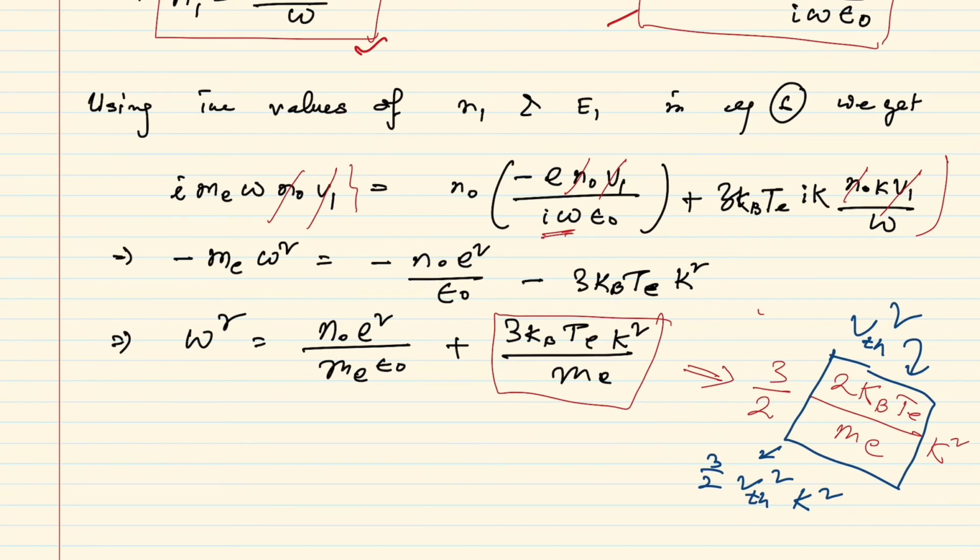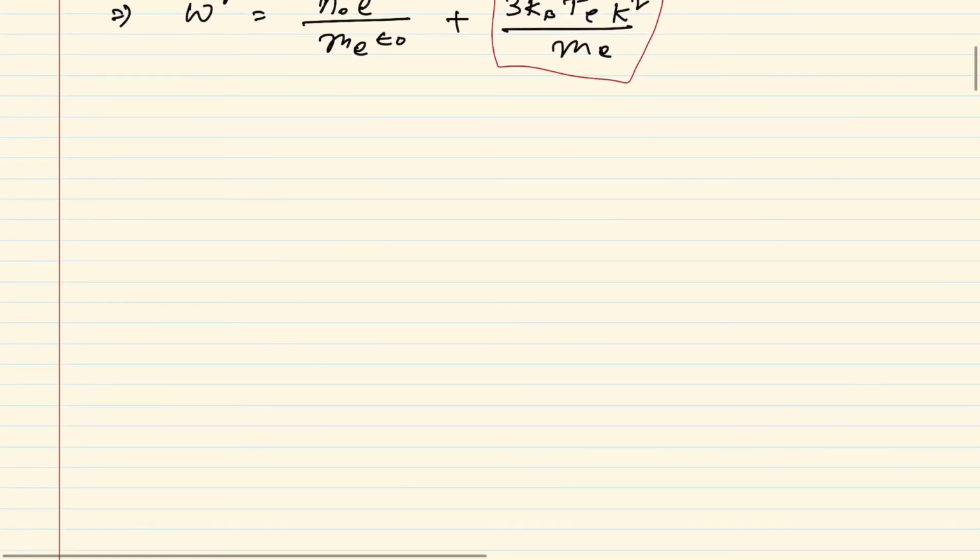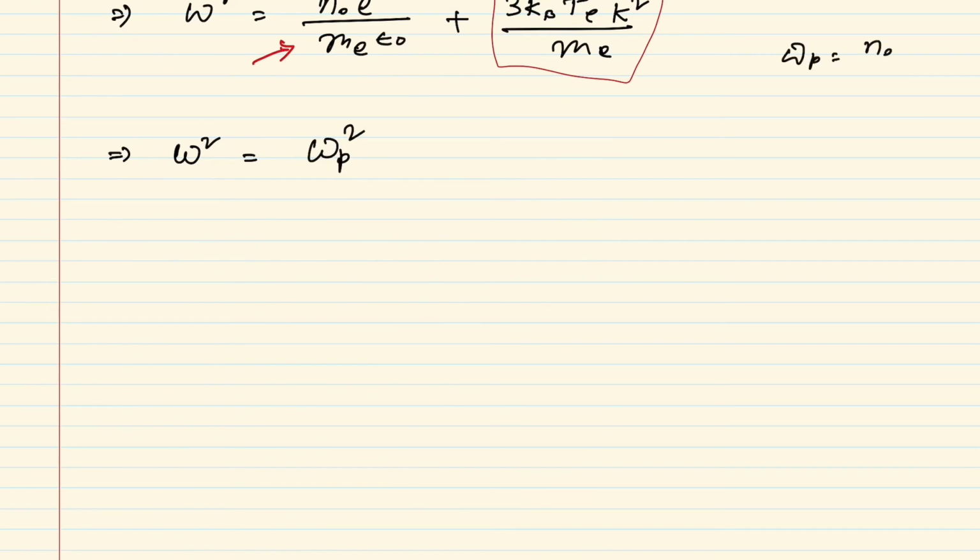Then this expression becomes like this. This will become omega square, and we know the plasma frequency, this part is omega p square, because omega p is equal to n naught e square by m e epsilon naught whole to the power half, or you can say square root.